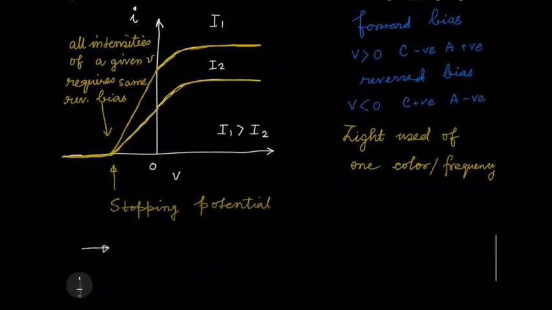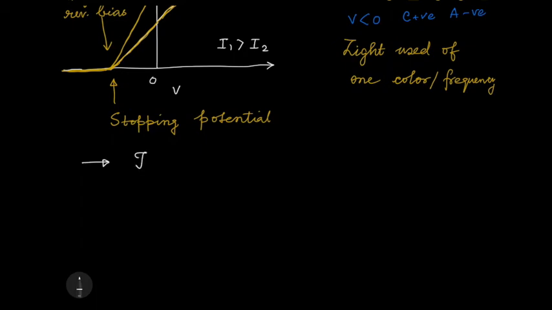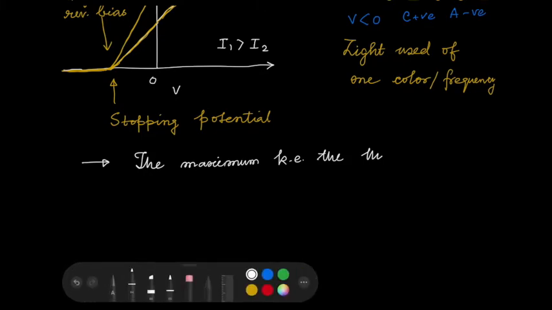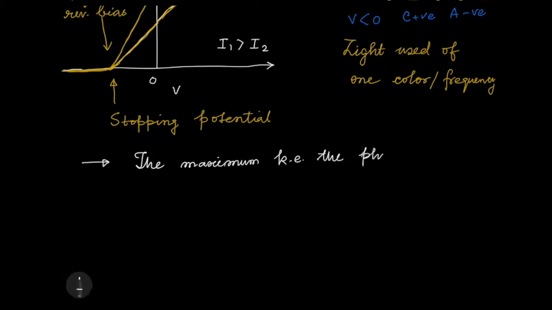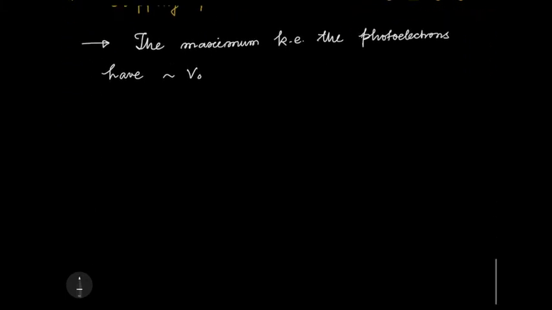So I can now say that the maximum kinetic energy the photoelectrons have is V0 times e, because that is the amount of energy I have produced to stop them. So this is one observation of Philipp Lenard.